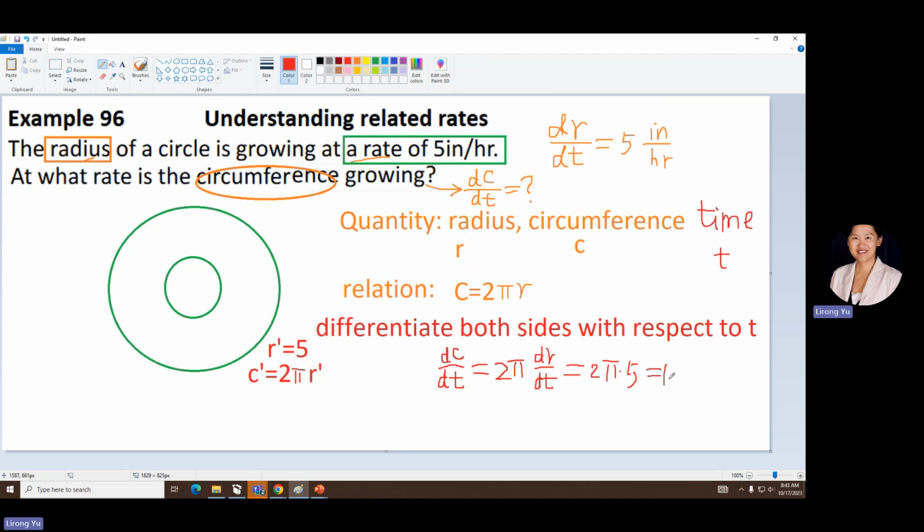The final answer is 10 pi, and the unit will be inches per hour. 10 pi is about 31.4 inches for every hour. That's how much the increase is per unit time. That's the calculation of the rate of increase of the circumference, equal to 10 pi.